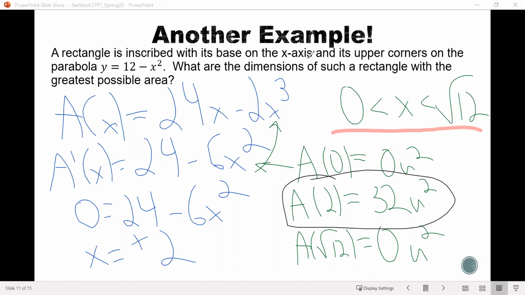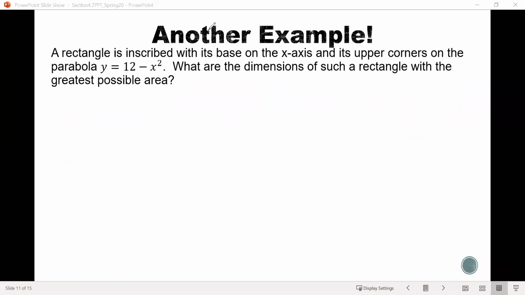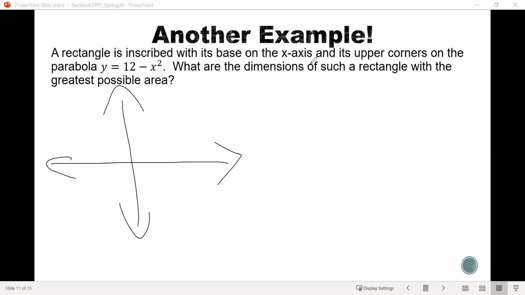Now, are we done with this problem? Hopefully you're saying no, because notice what the question asks for are the dimensions. So we need to figure out what the length and width are of the rectangle now that we know that the value for x is 2. So to go back to our picture, okay, I'm going to draw it like this.